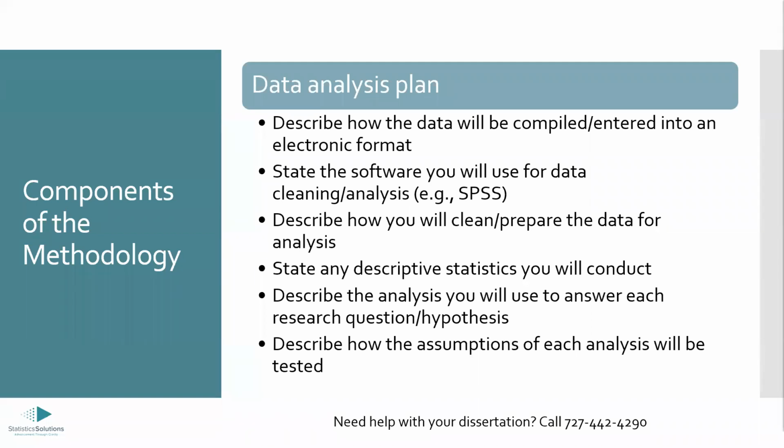You'll want to identify the different variables that you're going to be using in each analysis and the different statistics that you're going to be computing for that analysis. Such as, if you're doing a t-test, state what your independent and dependent variables are, state what statistics you're going to compute, like the t-statistic and the p-value, and how you're going to interpret that.